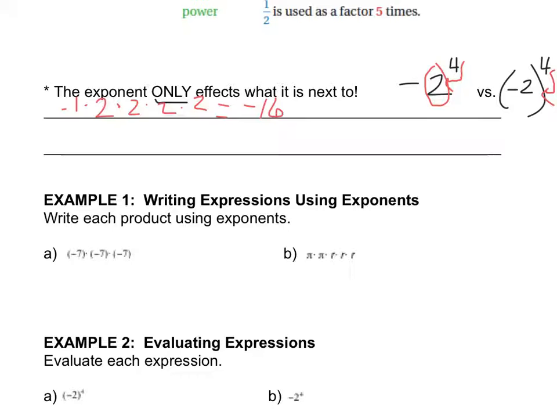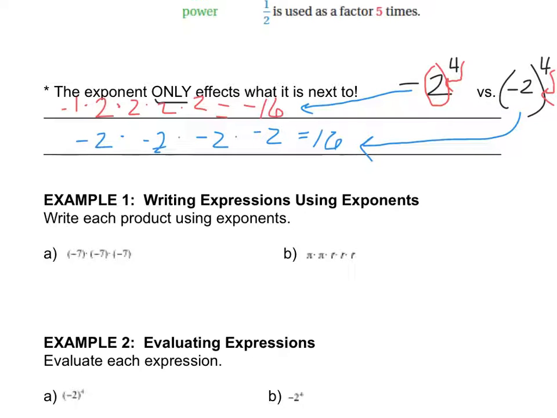So in this case, the second one is a -2 base times -2 times -2 times -2, which means my answer is now not a -16, but 4 negatives become +16. So a much different answer for these two. The -2 to the 4th without the parentheses becomes a -16. The -2 inside the parentheses to the 4th is a +16.